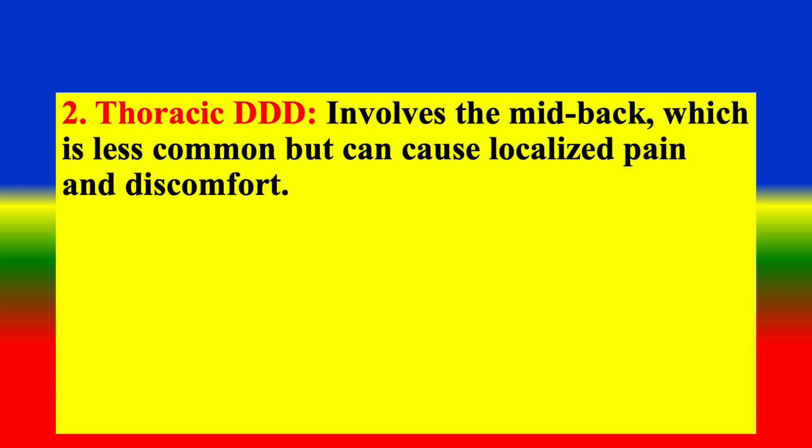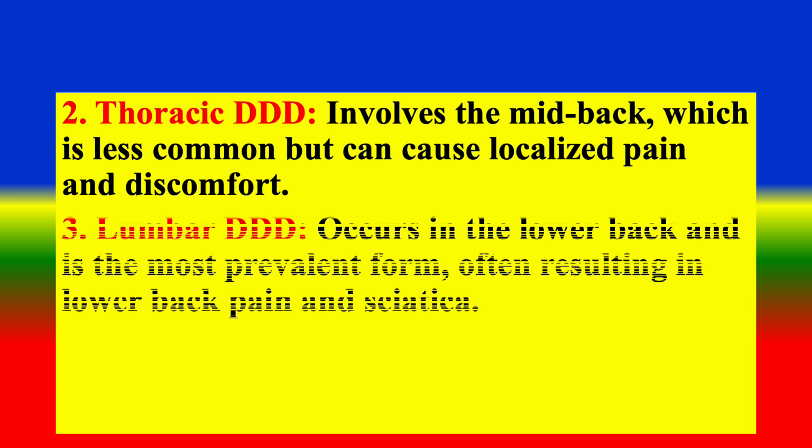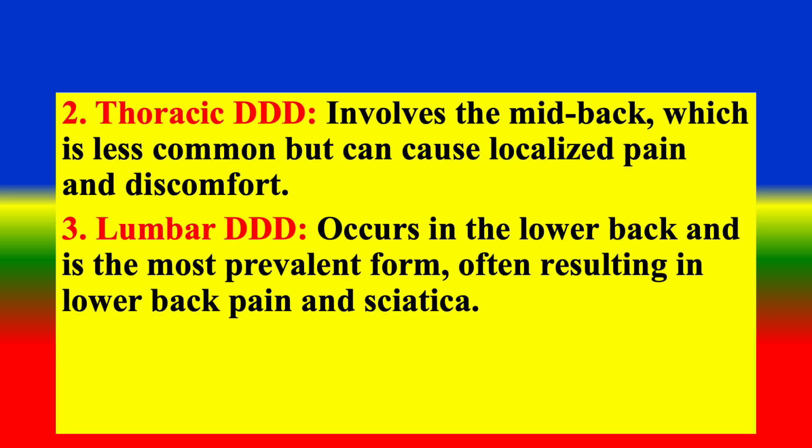Thoracic DDD involves the mid-back, which is less common but can cause localized pain and discomfort. 3. Lumbar DDD occurs in the lower back and is the most prevalent form, often resulting in lower back pain and sciatica.